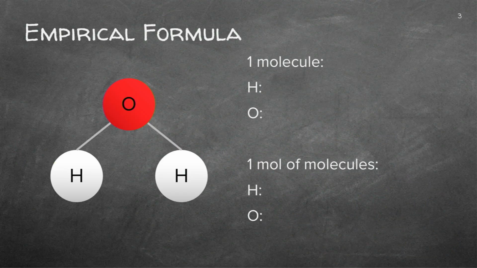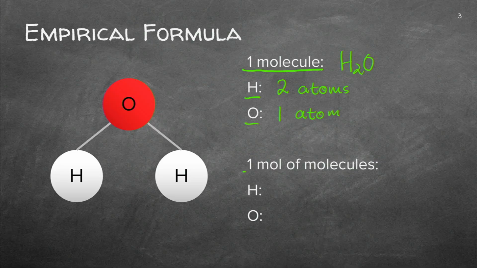Right. If I'm being asked, what is the empirical formula for water? I know one molecule will have two atoms of hydrogen, do you see, and one atom of oxygen.